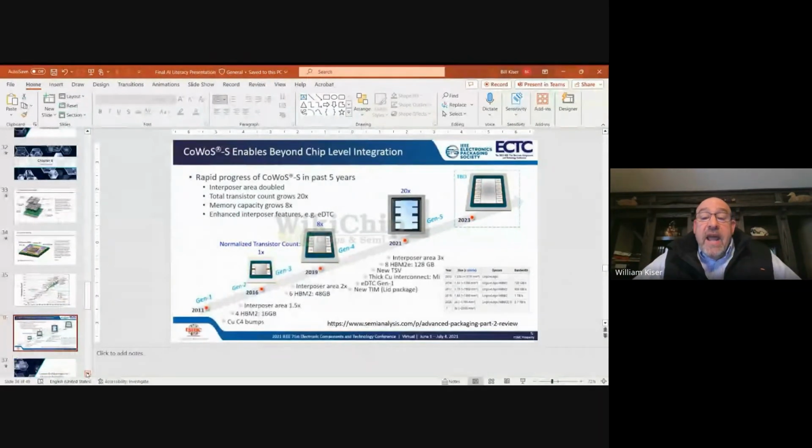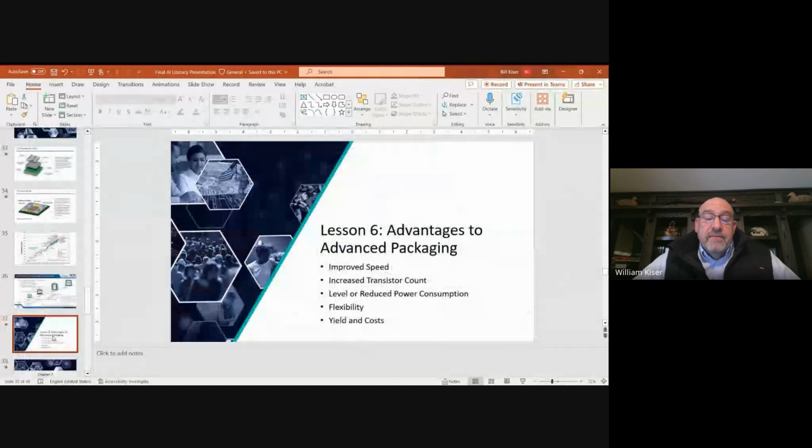So advantages to advanced packaging, right? Obviously, improved speed, increased transistor count. You either have level or reduced power consumption, right? Because you're not moving electrons a long distance, because you do have smaller transistors over time. It's flexible, right? You don't have to build custom chips like you do for a cell phone. If you have an application, you may be able to cobble something incredibly effective together for a fraction of the price you would have if you build a custom ASIC.